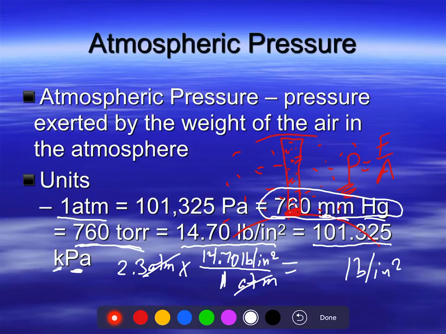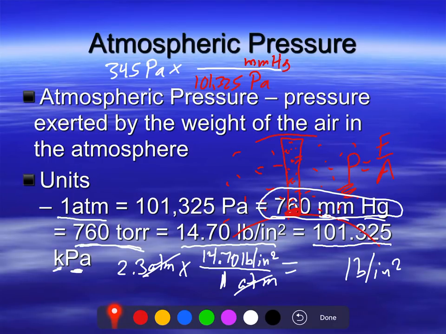Another example might be, let's say you have 345 pascals, and you want to convert it to millimeters of mercury, right? Well, I need the units of pascals to cancel, right? And I said I'm going to go to millimeters of mercury. So in pascals, that's here, right? 101,325. So I've got to put that down here, 101,325.